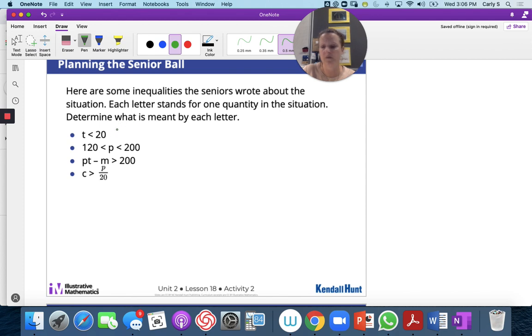Right here, what does this one represent? T is less than or equal to 20. That's what your book says. Okay, that means that the ticket price is less than or equal to $20.